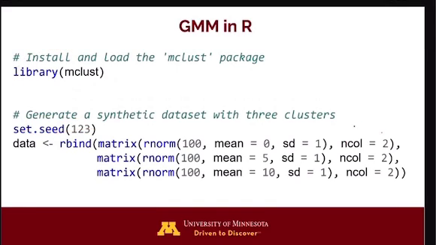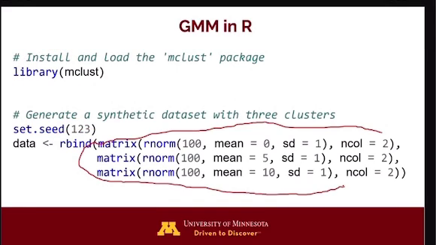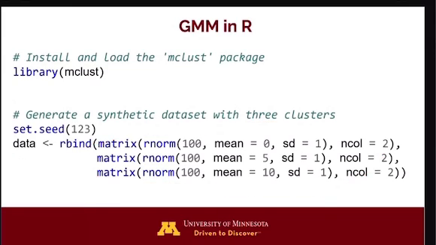This is how to simulate from normal. For each category, I'm simulating 100 data points with a mean of zero, standard deviation 1. And number of columns equal to 2 means I'm focusing on two variables. Does that make sense?